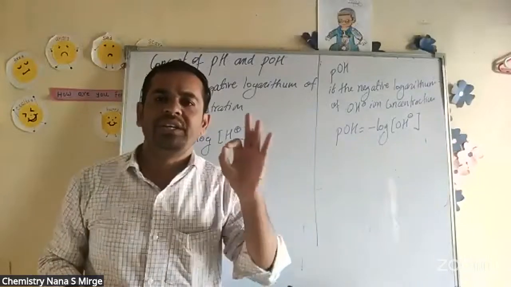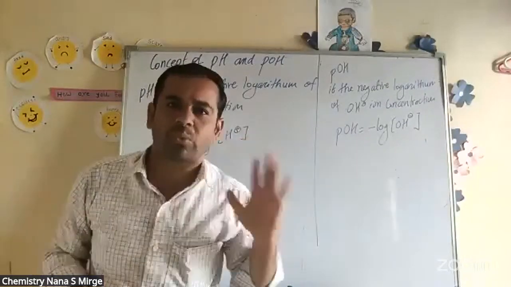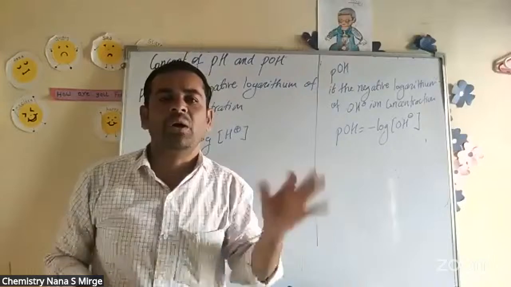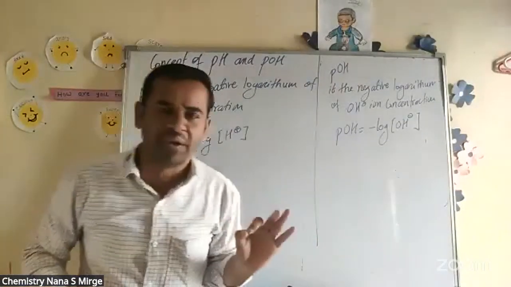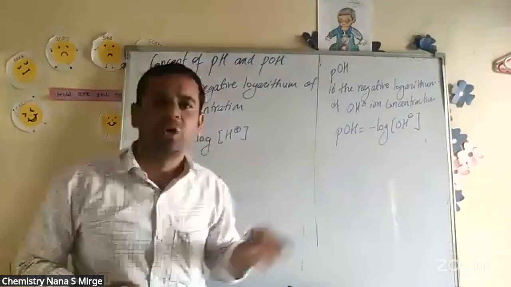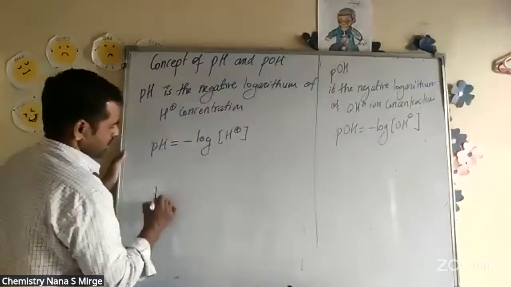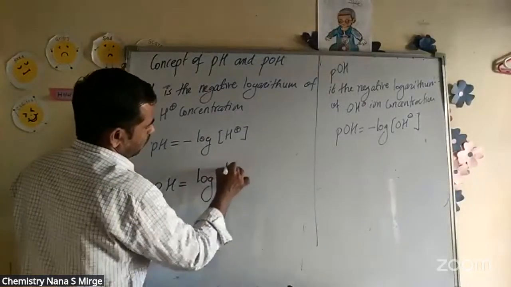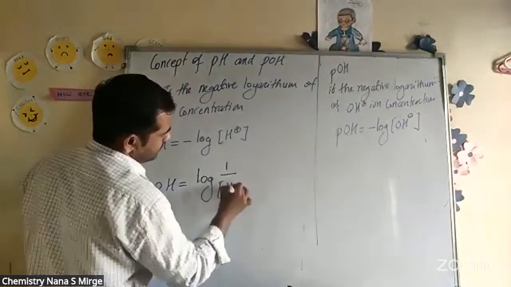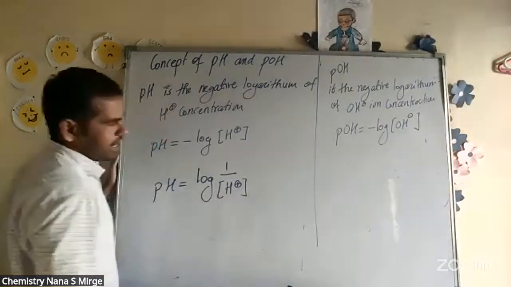This definition is very important for you for calculating certain problems or calculating the pH of a solution. It is a very important concept. So can you write this pH like this, log 1 upon H plus ion concentration? ऐसा लिख सकते हैं हम?